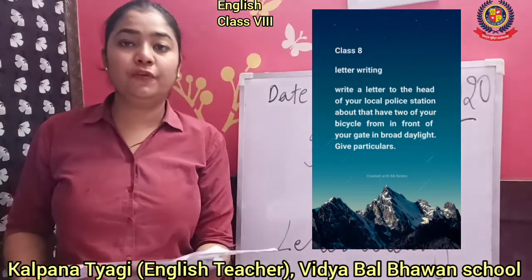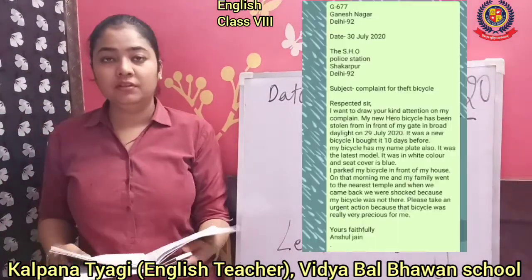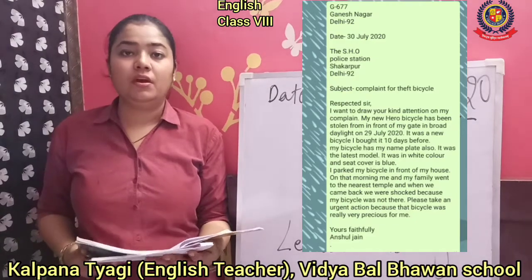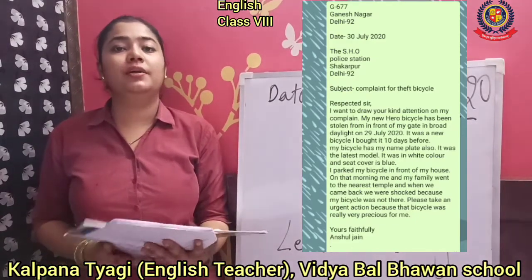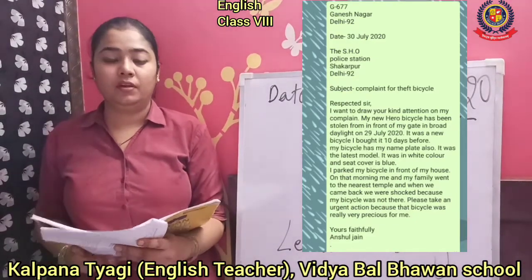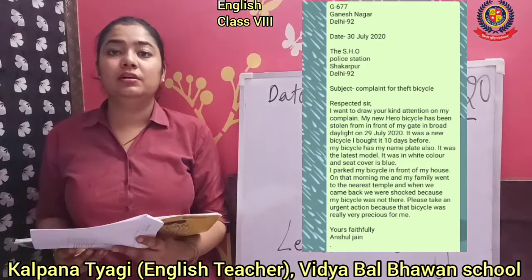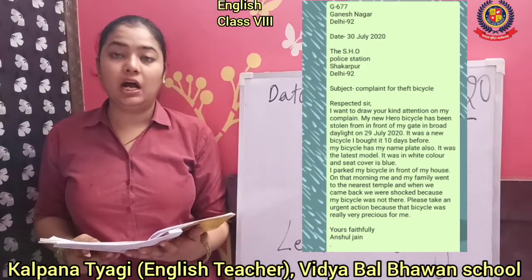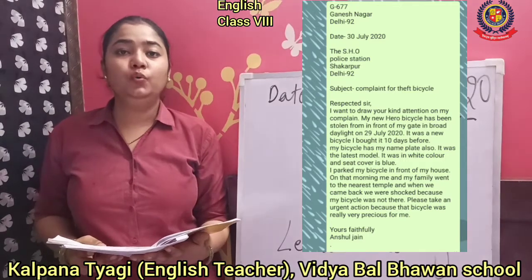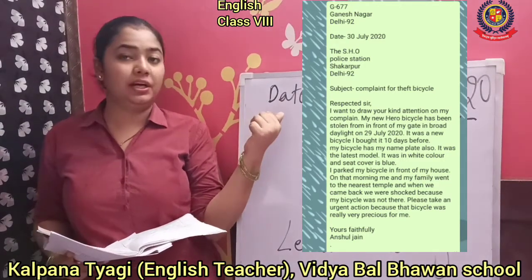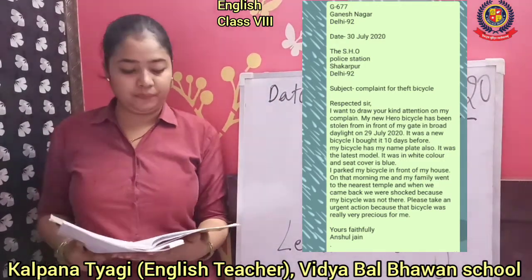Students, first of all, you have to write the writer's address, which means the address of the person writing the letter. After that, leave a line. Then write today's date, 30th July 2020.